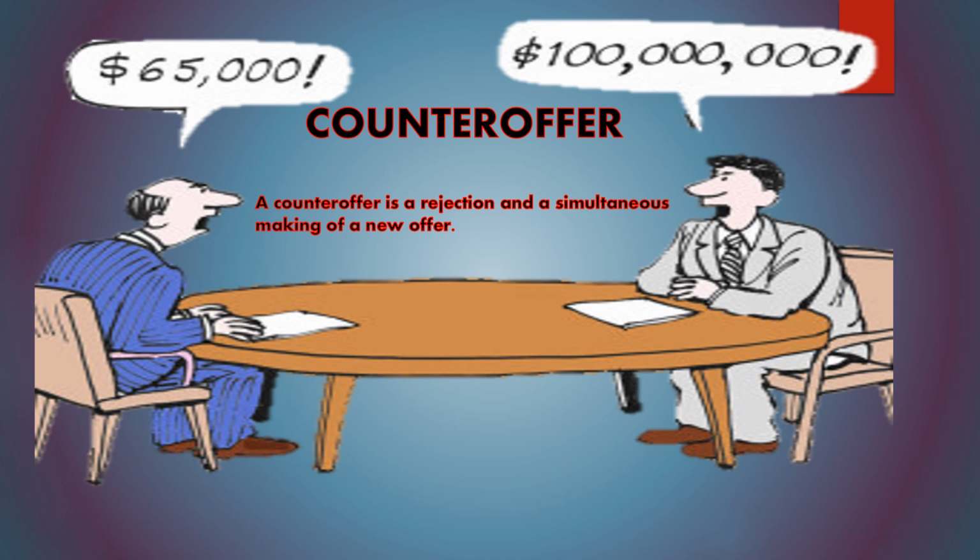Let's say I say, I'll sell you my car for $5,000, you look at me and say, I'll give you $4,000. And not saying yes to the $5,000, you've rejected my offer to sell it for $5,000, and you've made me a new offer to buy it for $4,000. So we've just changed places, right? Originally, I was the offeror, you were the offeree. When you made that counteroffer, you became the offeror, and now I'm the offeree.